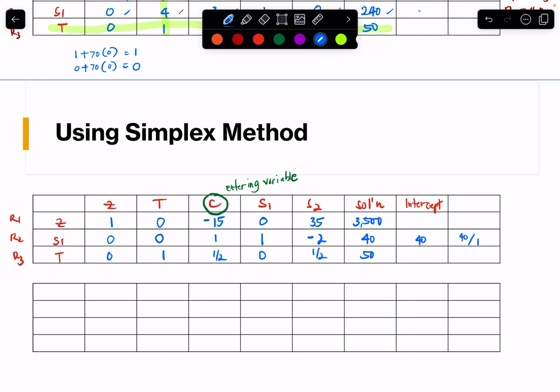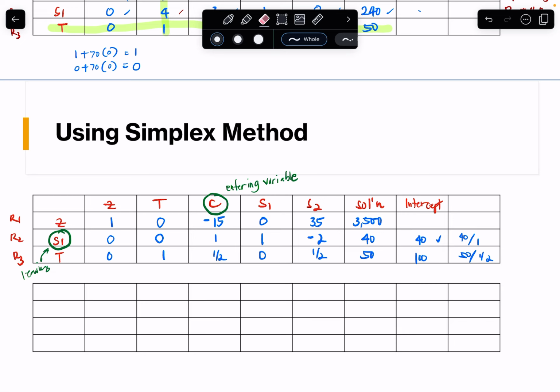The other one is 50 divided by 1 half, which is 100. Obviously, 40 is the smallest positive. Therefore, S1 will become our leaving variable.